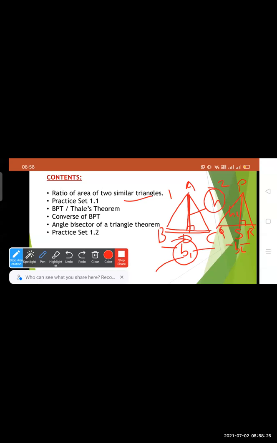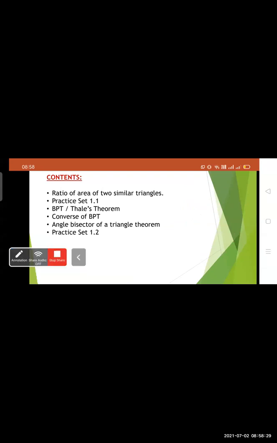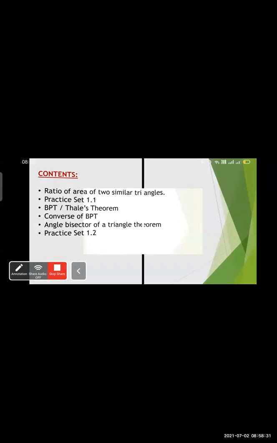If we know height and base, then we apply two conditions here. Which two conditions? See. All the objects that look the same in all respects except for their size are called similar objects. So two triangles are said to be similar if their corresponding angles are equal and their corresponding sides are in proportion.